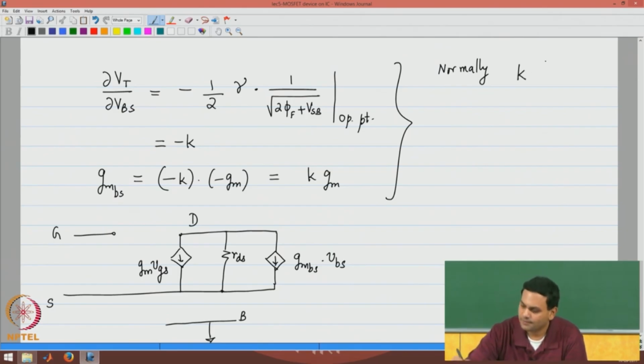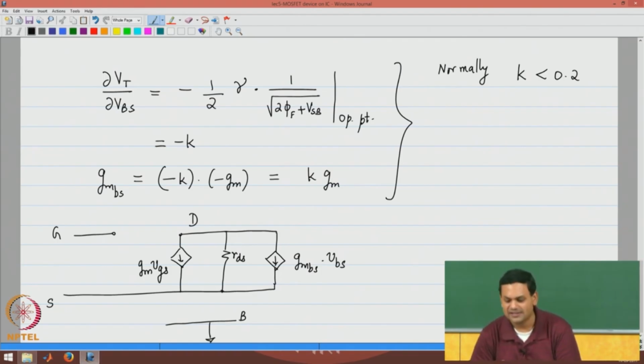Now, the good thing about this is that normally k is less than 0.2, so that the effect of GMBS is one order of magnitude, 0.2 or 0.1. So, the effect of GMBS is one order of magnitude lower than Gm.